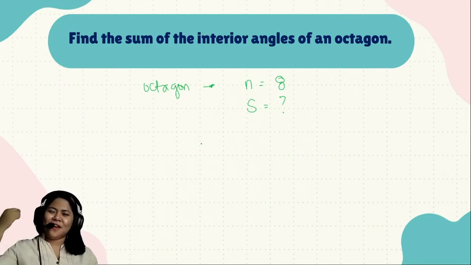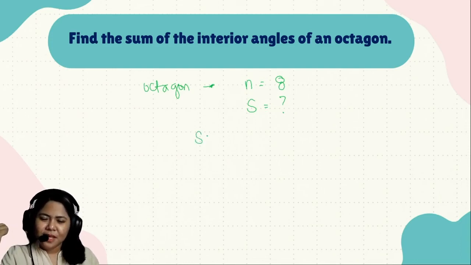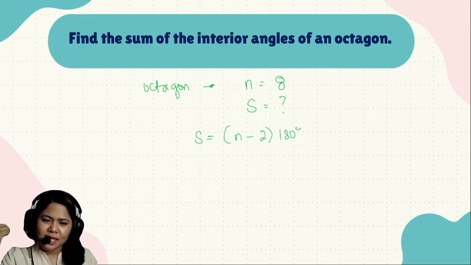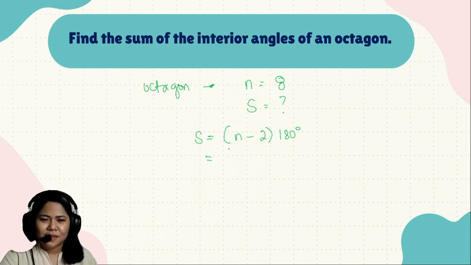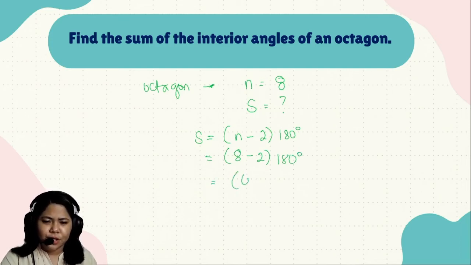Okay? If you answered S equals n minus 2 times 180 degrees, that is correct. Substitution. N is 8 minus 2, 180 degrees. What's 8 minus 2? Very good. 6 times 180 degrees.